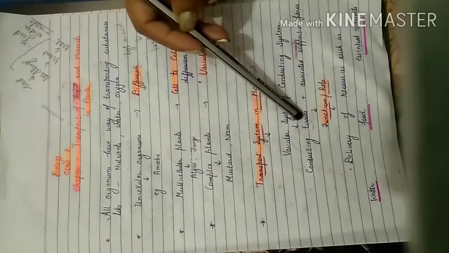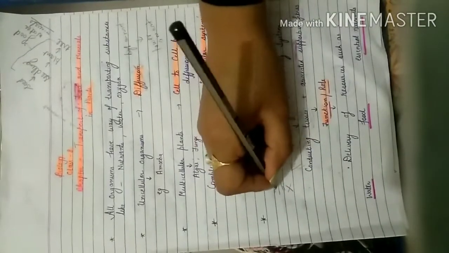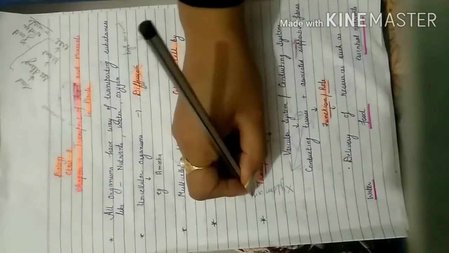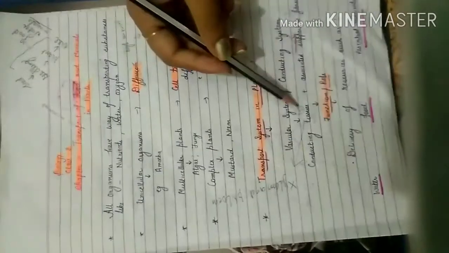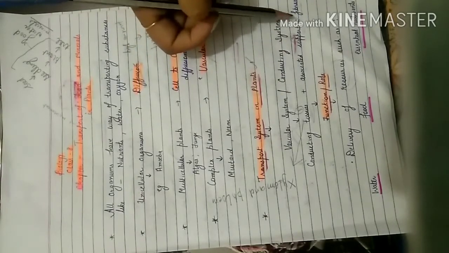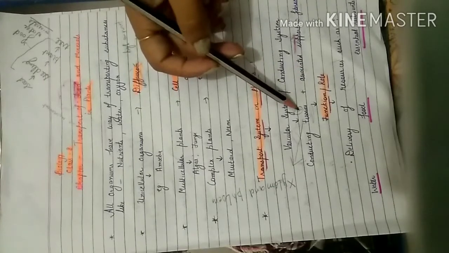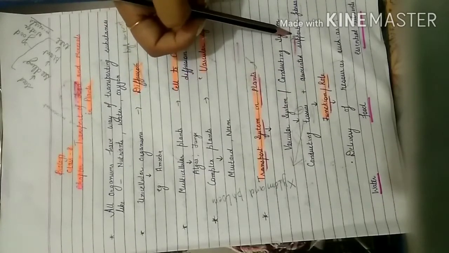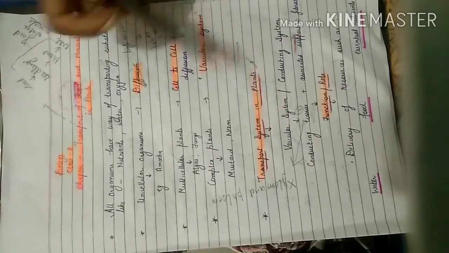This tissue is of two types, xylem and phloem, and its associated supportive fibers, meaning some fibers are associated with these tissues which will provide support to these tissues, that we will be studying.